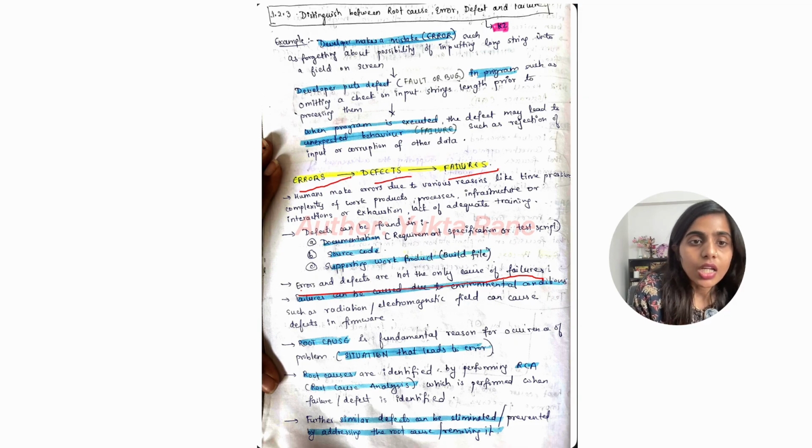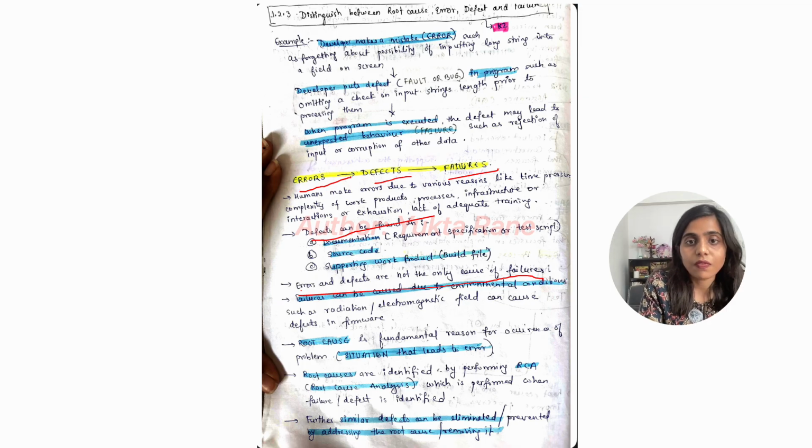Now one more important point, where can you find defects? Defects can be found in the documentation, requirement specification as well. The requirement specification is not designed properly. That's why you need static analysis. Second, source code. Defects can be in source code also.